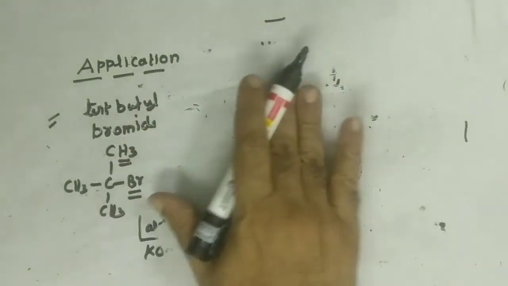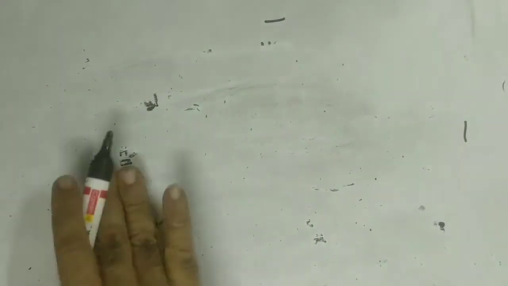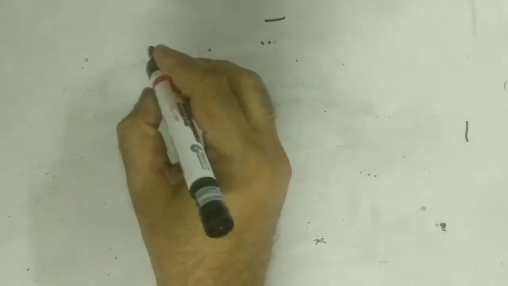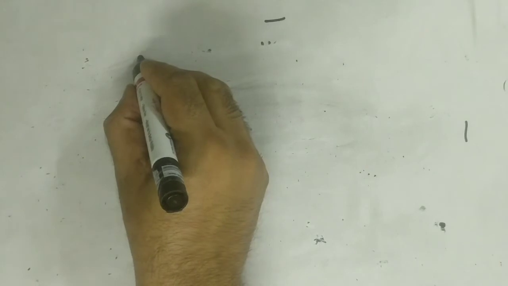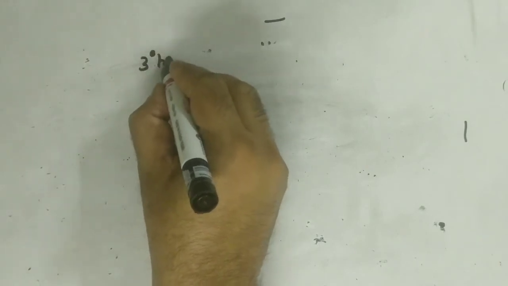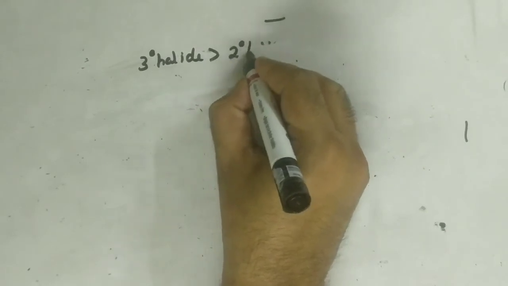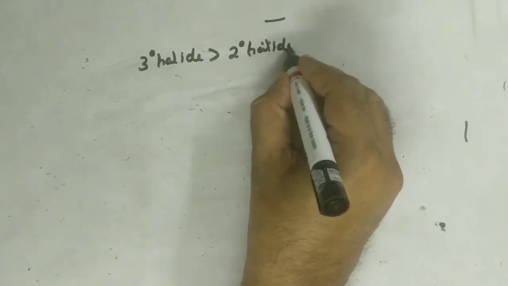If you want to change the position of the halogen, you can go for nothing but dehydrohalogenation reaction. Now to go on further to the second application, I just need to mention one more thing. In dehydrohalogenation reaction, the one which reacts the fastest is going to be your tertiary halide, followed by the secondary halide, followed by the primary halide.